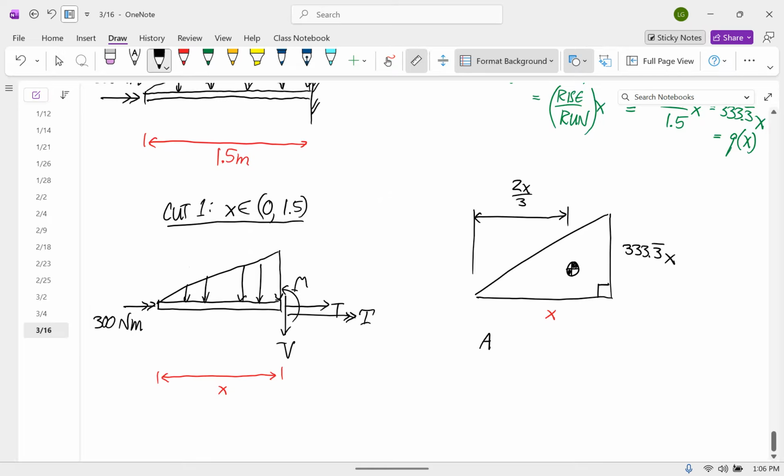And the area is base times height over 2, which is 333.3 repeating x times x over 2, which is 166.6 repeating x squared.